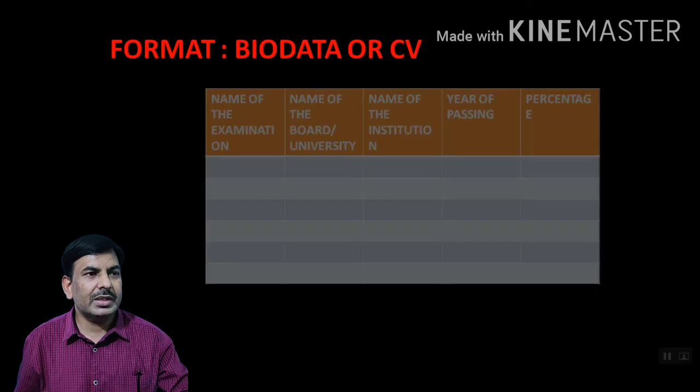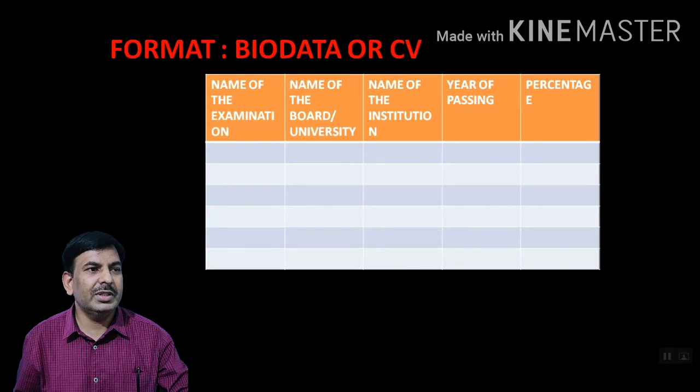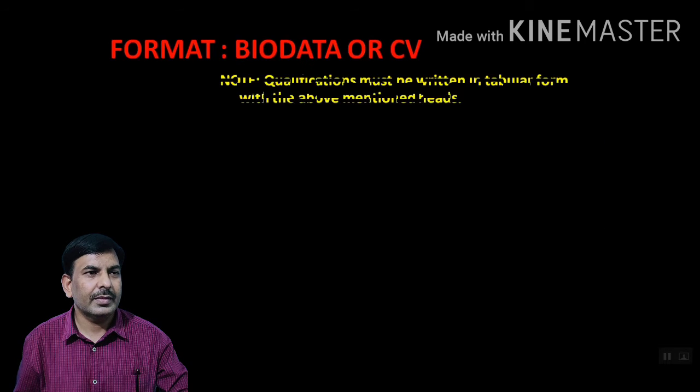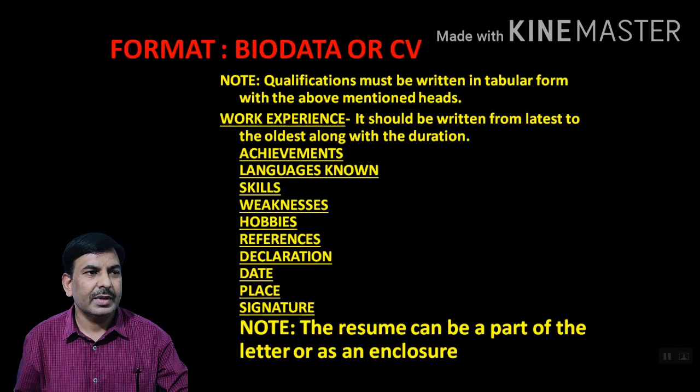Dear students, while writing, your qualifications must be written in tabular form, just like you can see over here. First of all, name of the examination, next name of the board or university, name of the institution, year of passing, then percentage. Note: qualifications must be written in tabular form with the above mentioned heads.